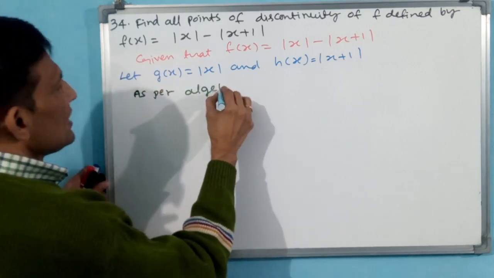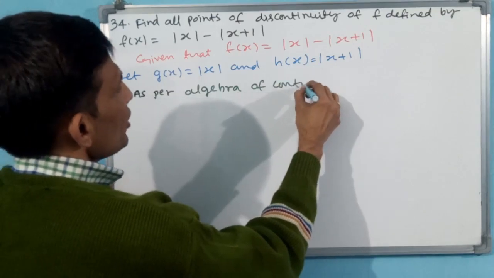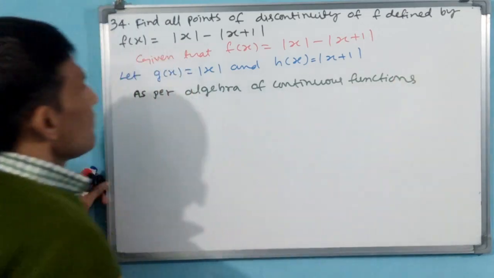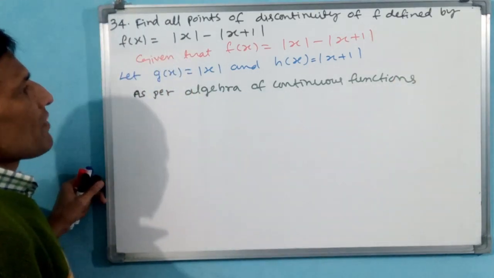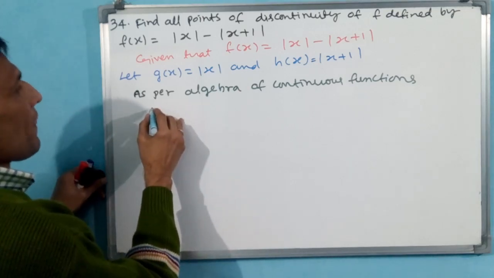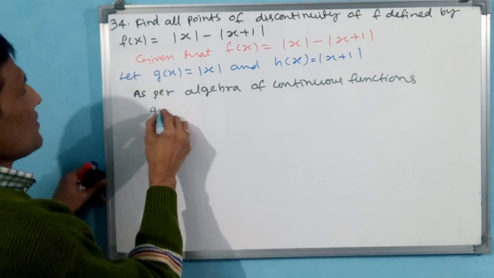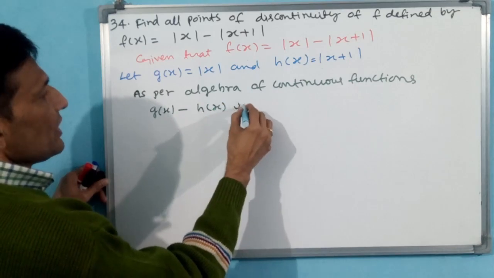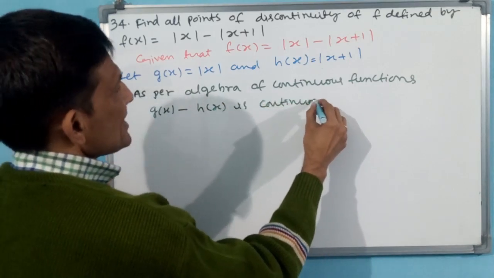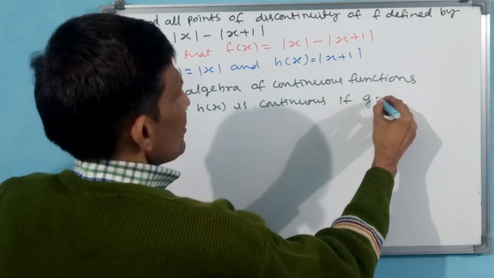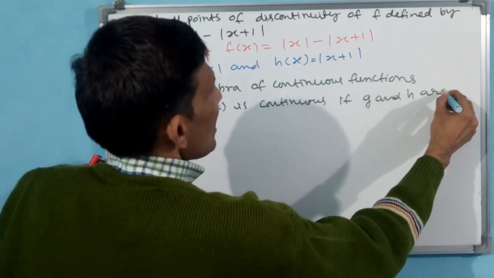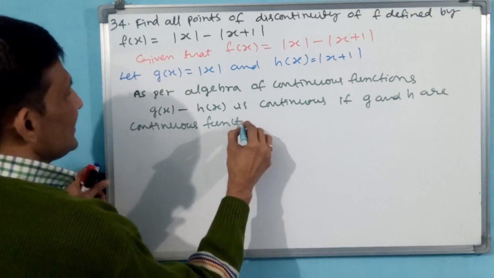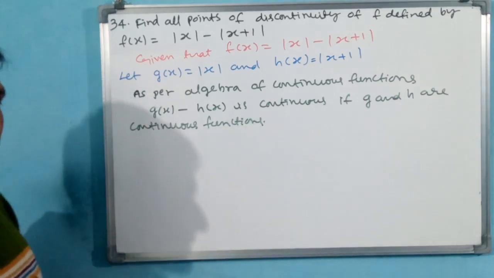As per algebra of continuous functions, g of x minus h of x is continuous if g and h are continuous functions. First read what I have written.